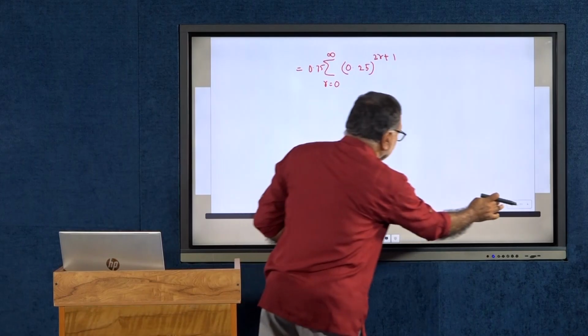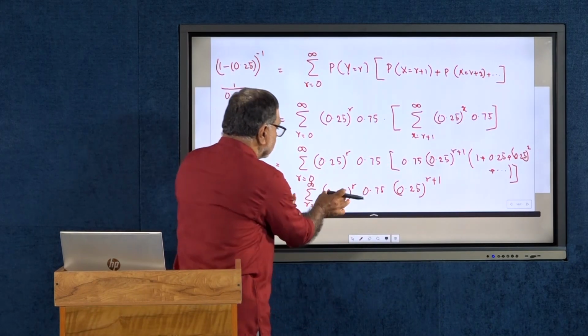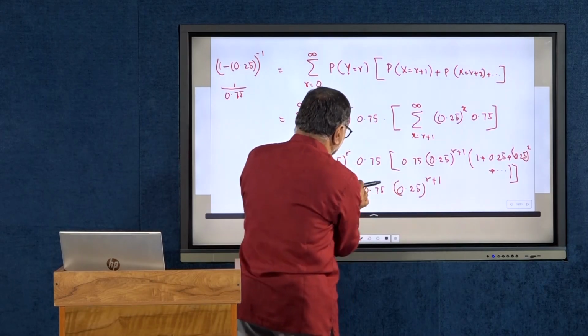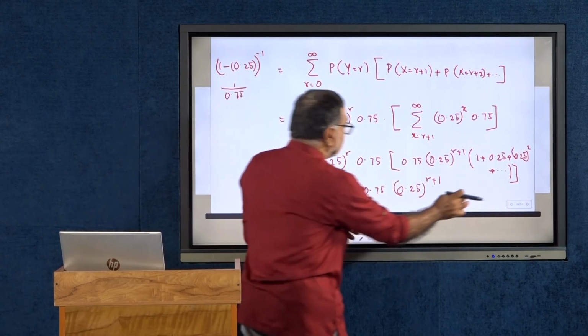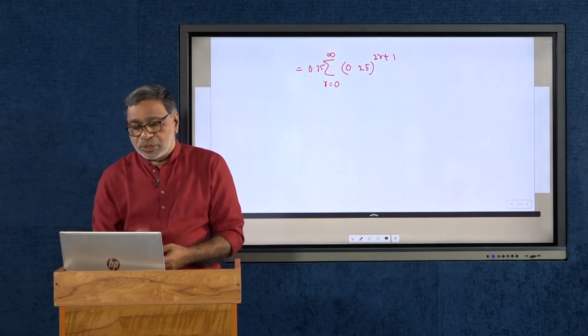Let me see. 0.75 is taken outside, and 0.25 to the power R plus 1 and 0.25 to the power R combine to give 0.25 to the power 2R plus 1.